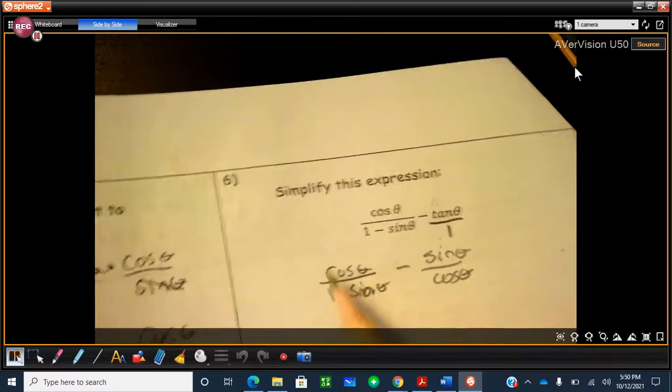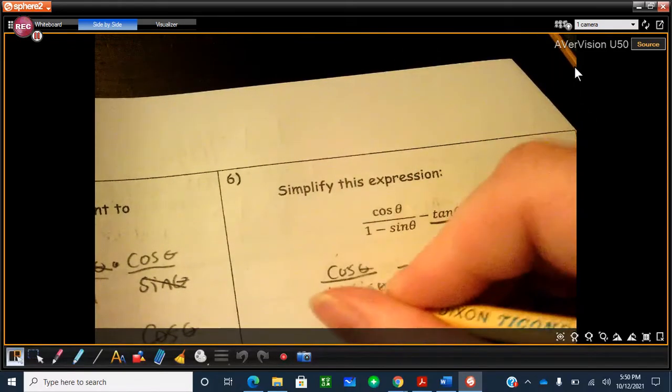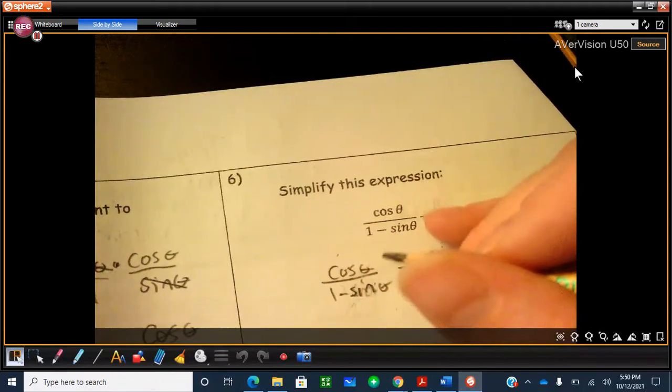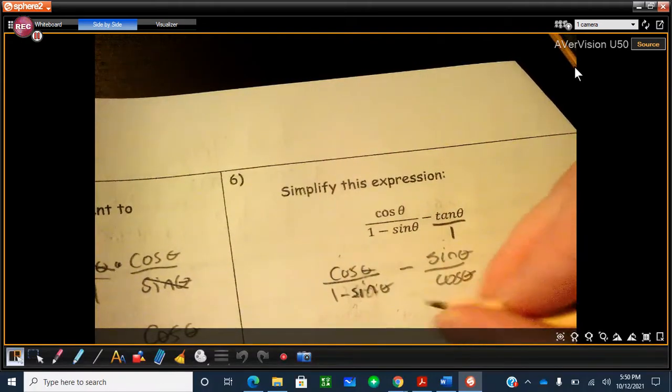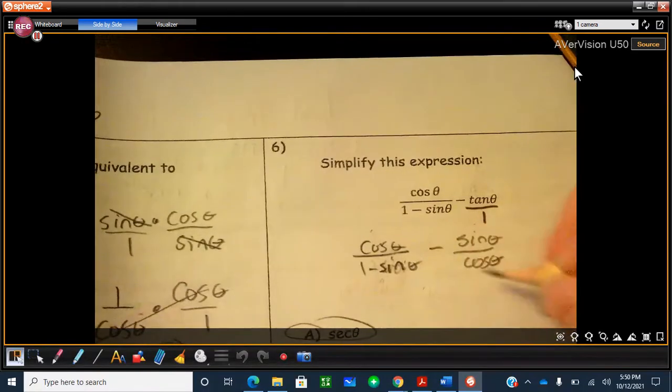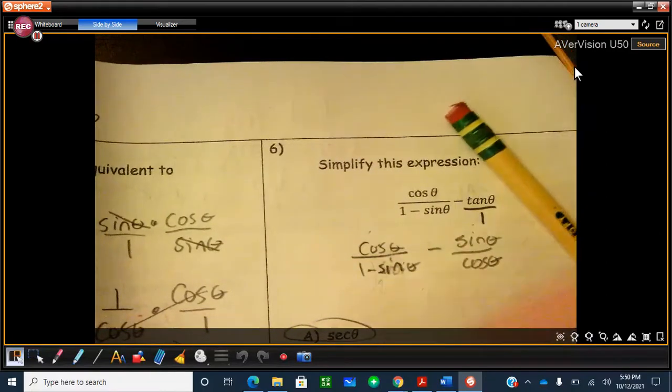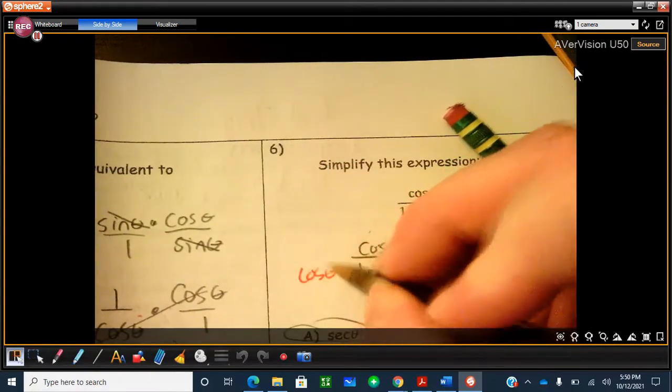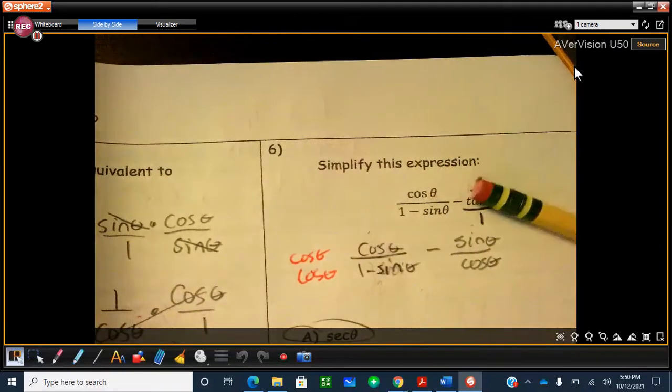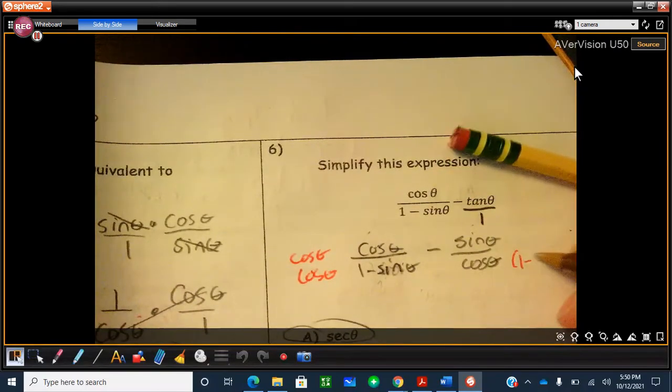The reason I did that is I want all of them to be the same. Now, to get these denominators the same, I'm going to multiply this side by cosine theta and this side by 1 minus sine theta.